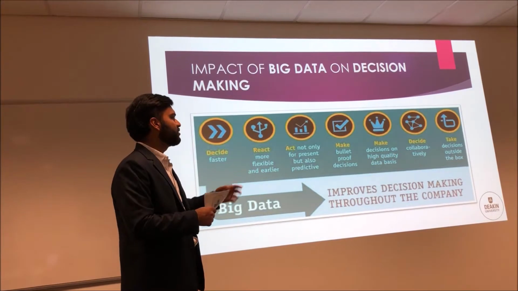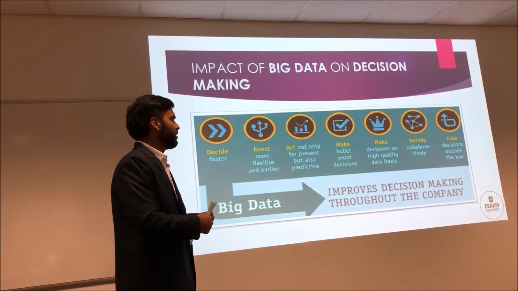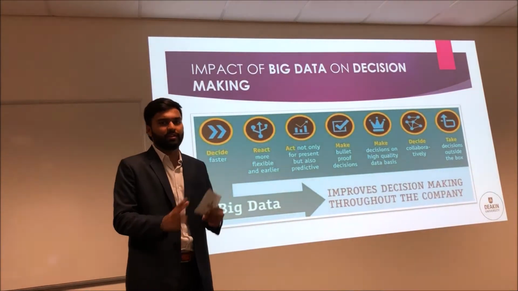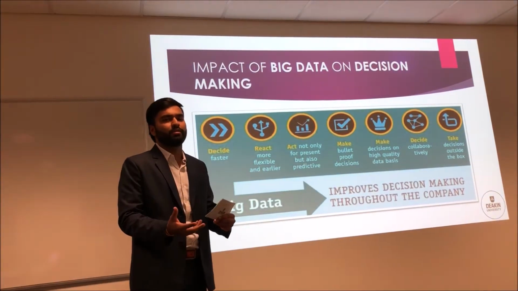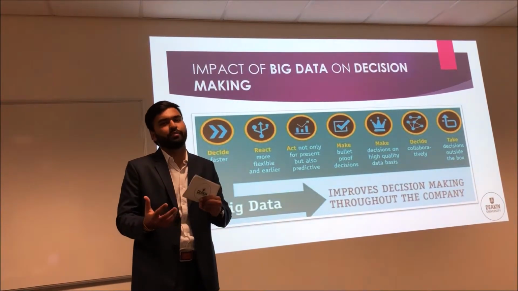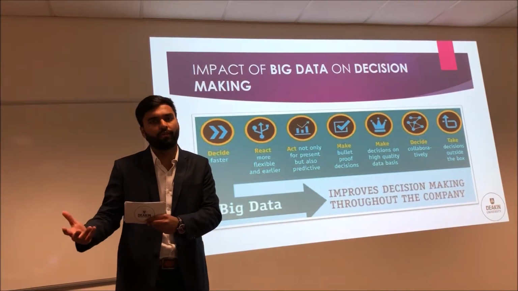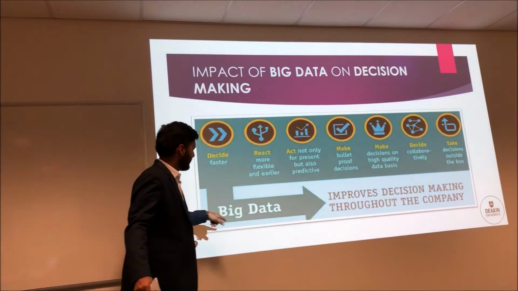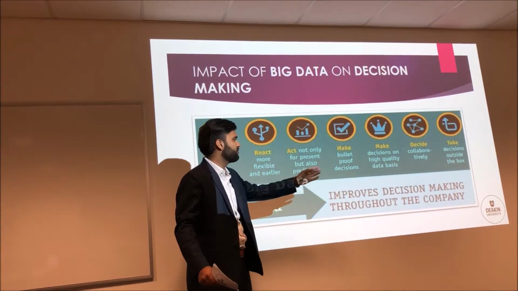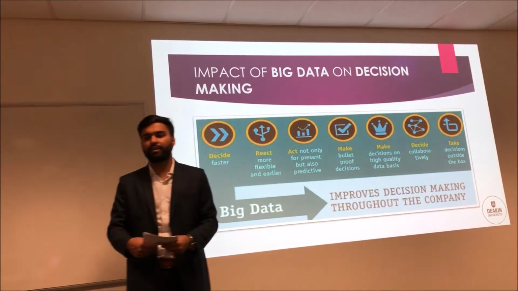It makes decisions on high quality databases, no doubt. It decides collaboratively, not as an individual, and it takes decisions out of the box. Like we have so much data, so we can definitely go out of the box and take a nice decision for the company. So this way, big data leads to improved decision making throughout the company.